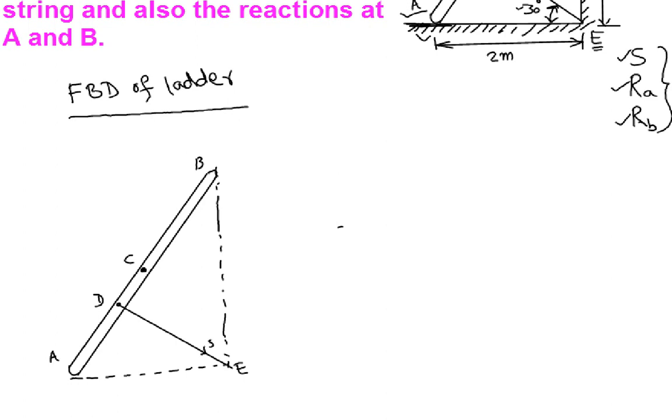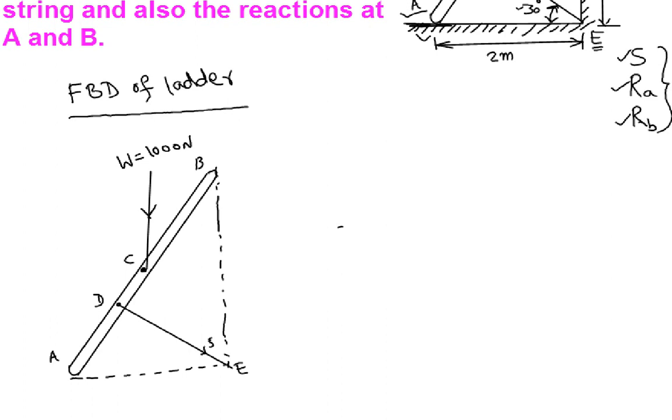Then you have a vertical force at C. That force is going down, and this force is the weight, 1000 Newtons. 700 Newtons is the weight of the man, and 300 Newtons is the weight of the ladder.